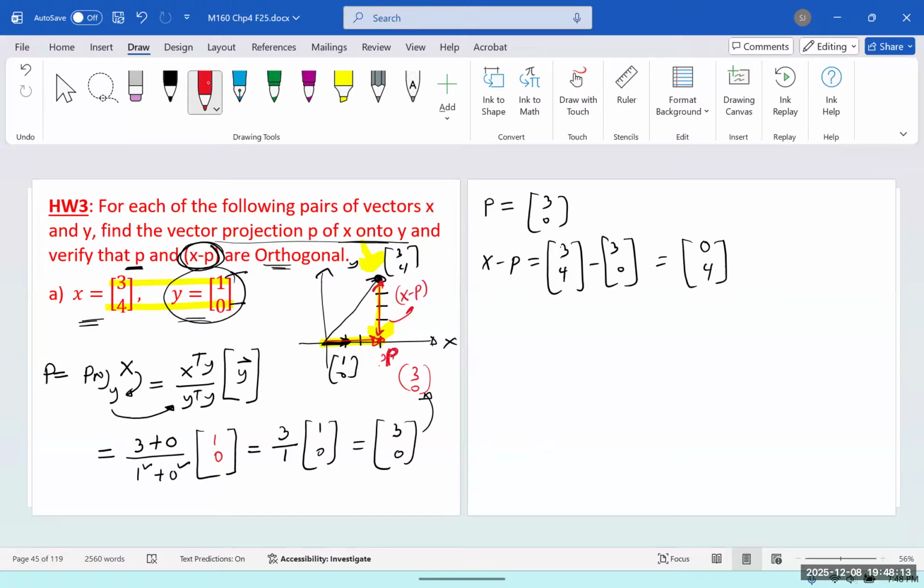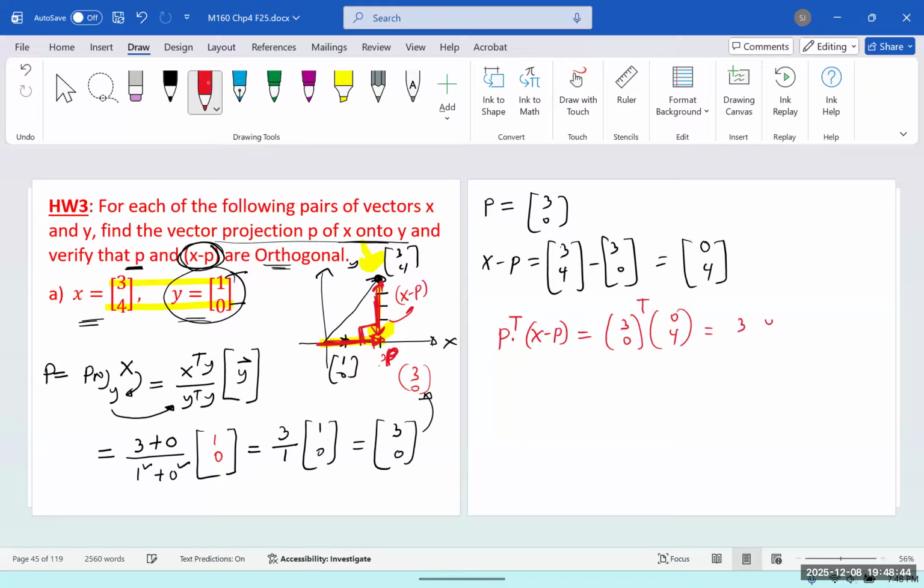So if this is the P vector here, and this one is the x minus P vector, they want us to know whether they are orthogonal or not. It means, do they connect at 90 degrees? So we do P times x minus P. So 3, 0 times 0, 4. Oh, we have to do a transpose, otherwise you cannot multiply.